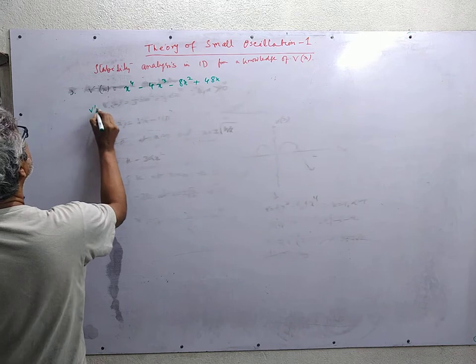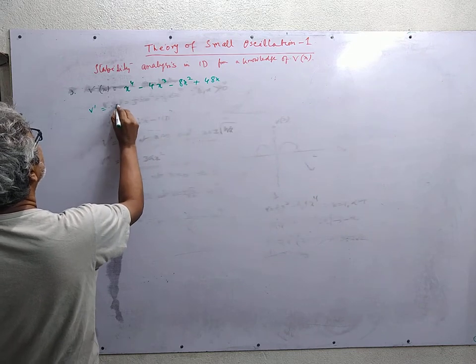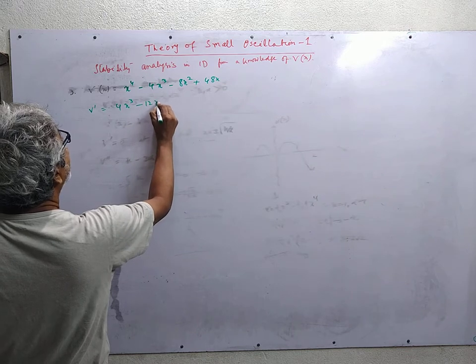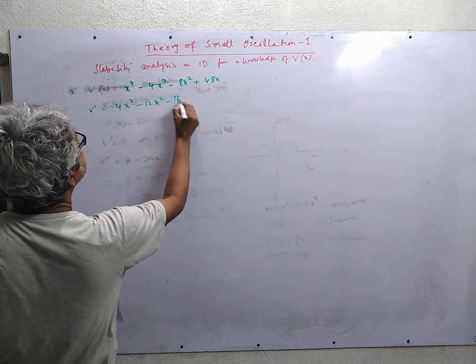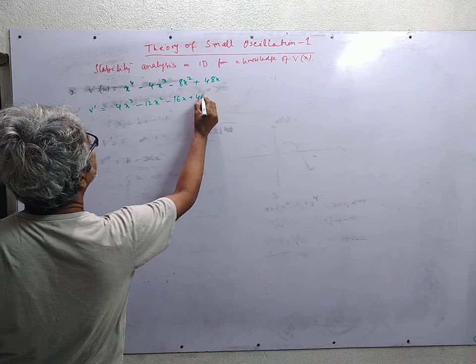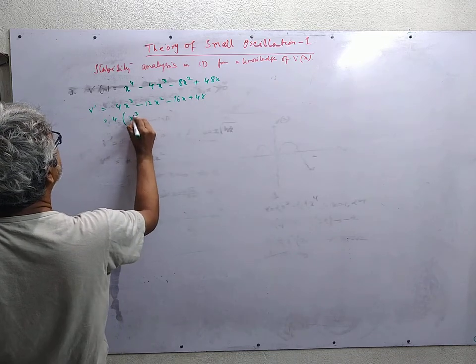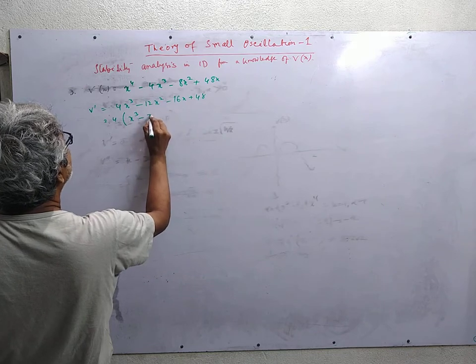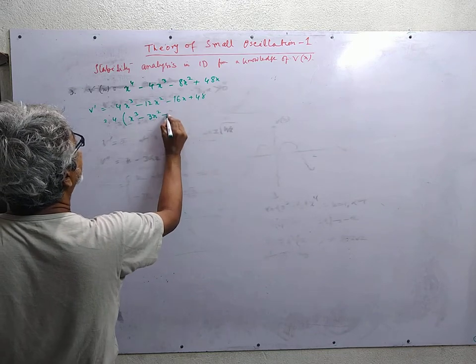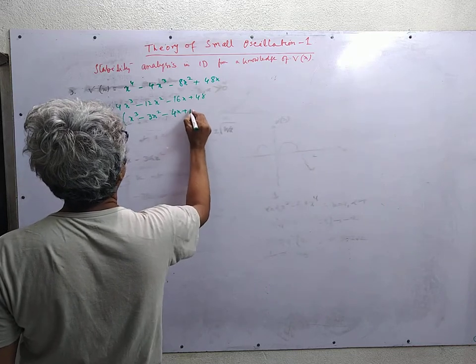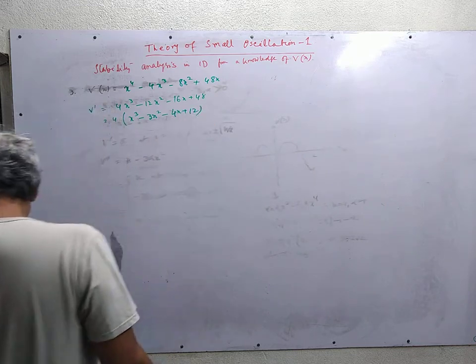So V prime is equal to 4x cubed minus 12x squared minus 16x plus 48. If we take 4 common, x cubed minus 3x squared minus 4x plus 12.